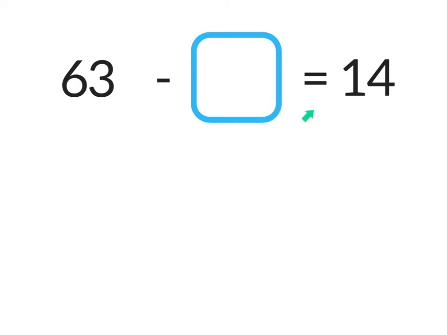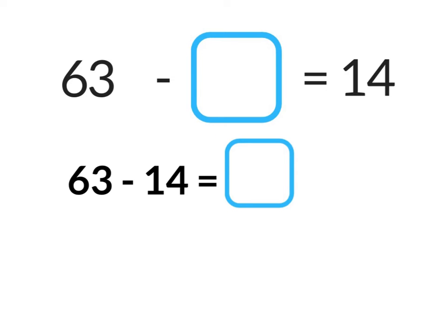A blank number is equal to 14. If we think about our fact families, we can make another takeaway sum by taking the 14 away from 63, and that should give us the missing number. Our new calculation, therefore, would be 63 take away 14 is equal to blank.